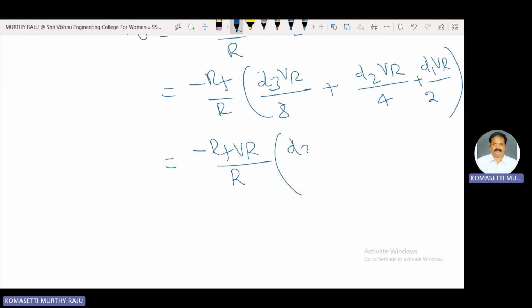That is equal to D3 by 8 plus D2 by 4 plus D1 by 2. This is the output voltage V0 of the 3-bit digital to analog converter, the R-2R ladder DAC.